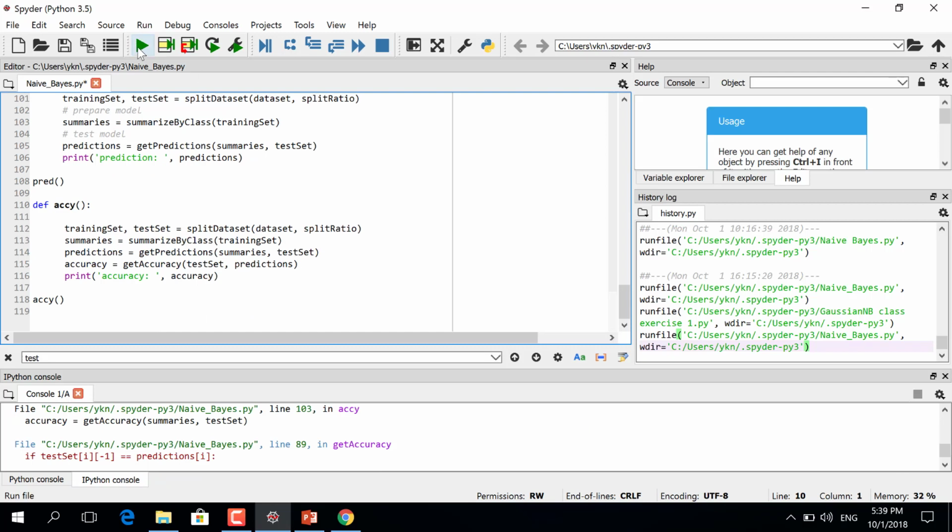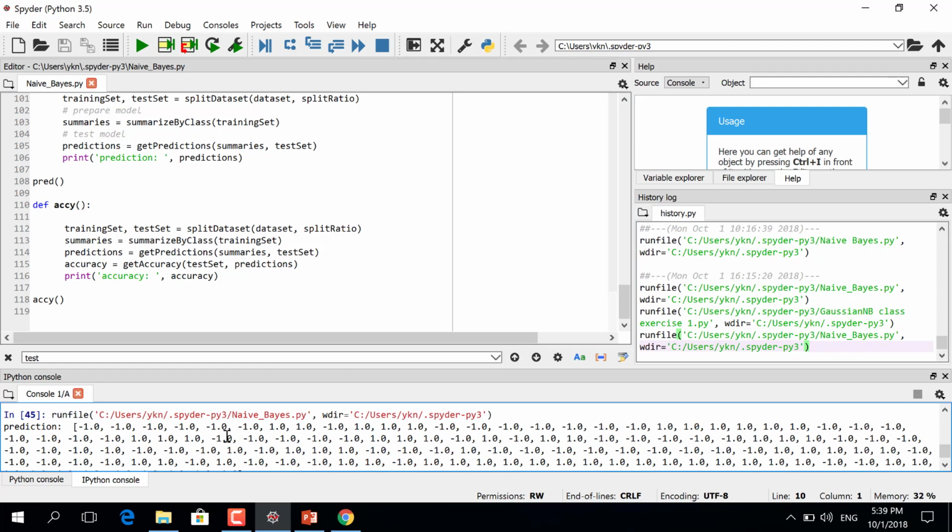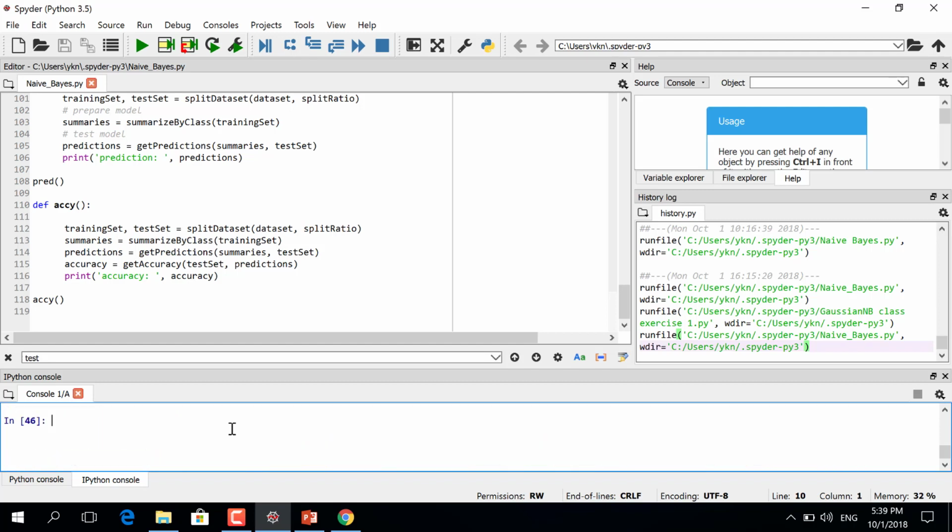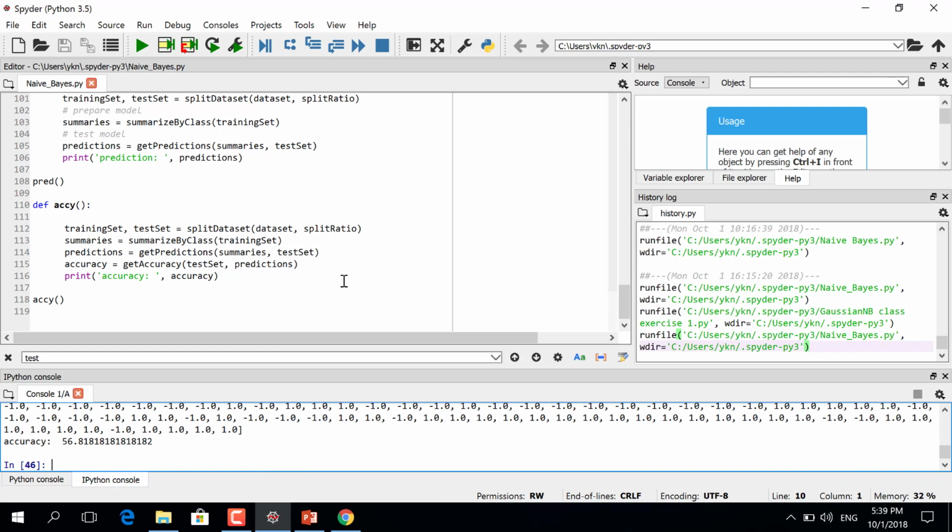Now we can start to make a test. This is the prediction of y from 1/3 of the data as a test set, and we have 56.81% accuracy. It is not a really good result, but this is what we get.